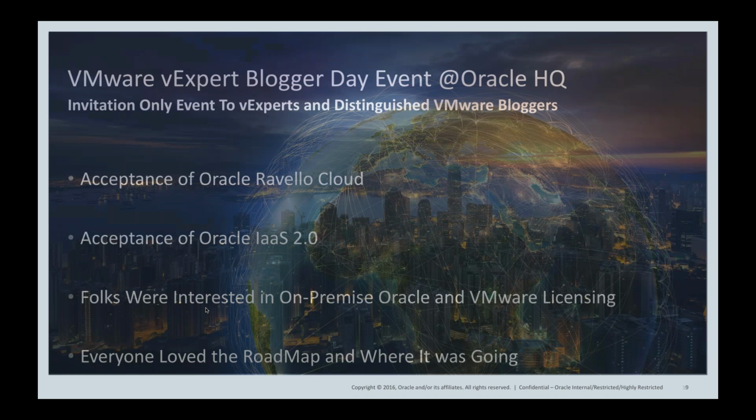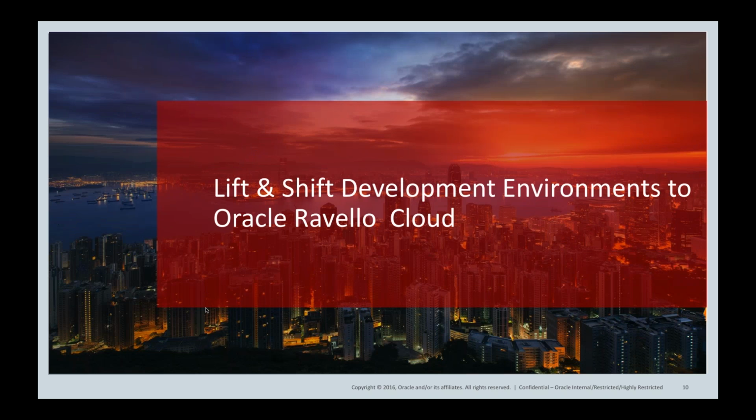All right, so let's talk about lifting and shifting a development environment to Oracle Cloud. Let's look at an example, in particular, E-Business Suite. When we take an environment that has a database and multiple application tiers that compose a web tier, reporting tier, forms tier, and concurrent manager tier, and migrate that to, let's say, AWS, that also requires a lot of work to be done by the DBAs.